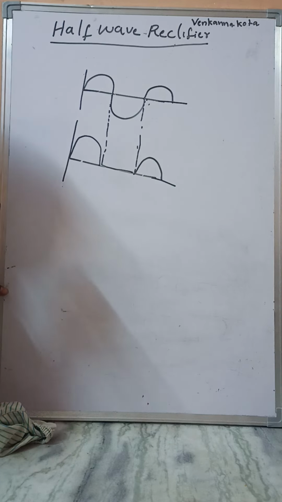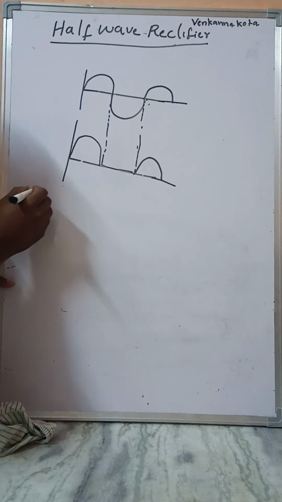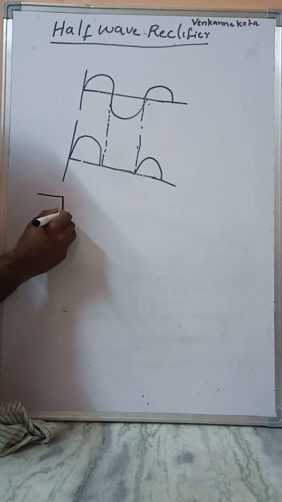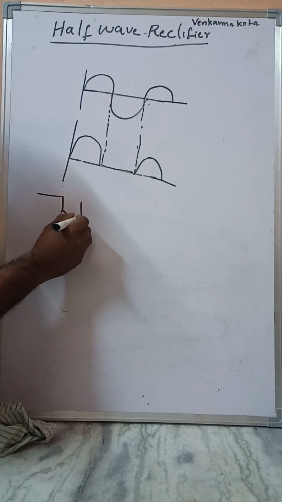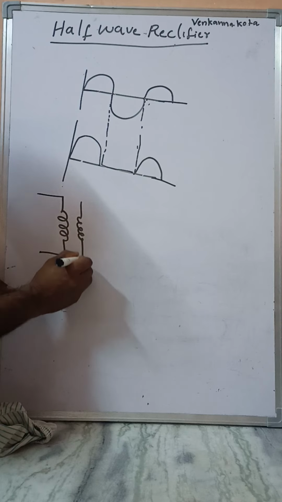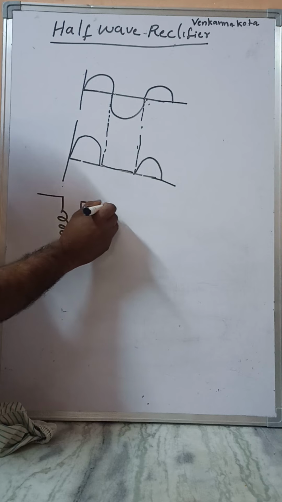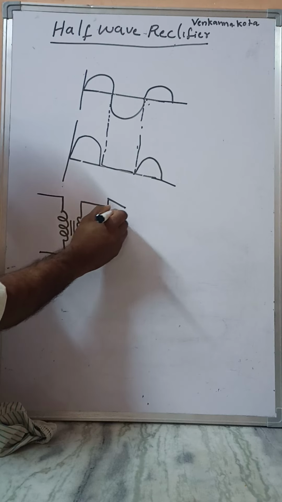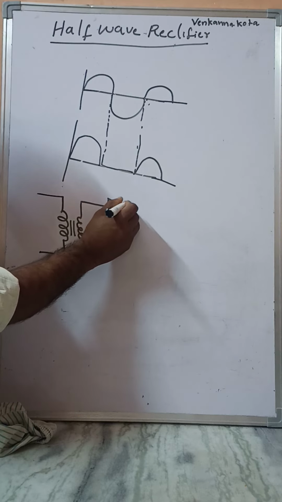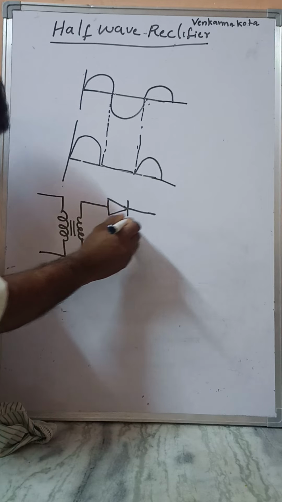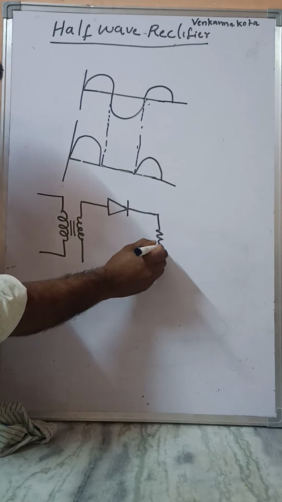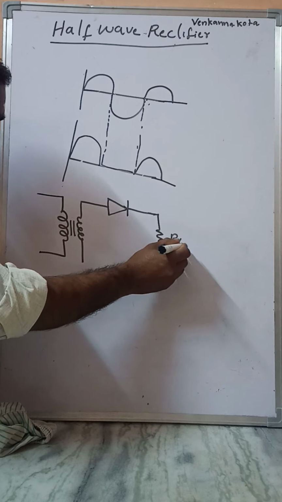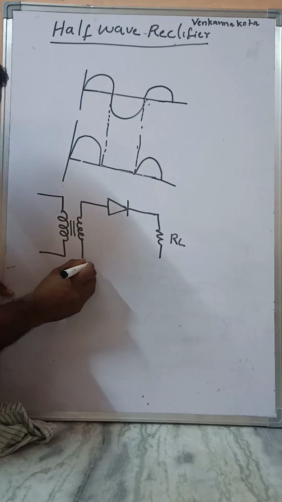In the circuit diagram of the half-wave rectifier, this is a transformer, and it is connected with a PN junction diode, and the load resistor RL is connected.